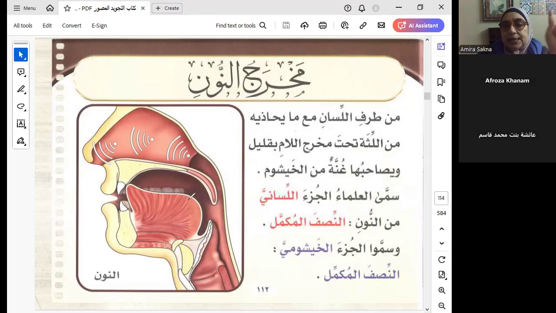In the non-full merging, only the tongue part is not going to work, but the nasal cavity is going to work. That's why we still have the ghunna. This is with two letters, waw and ya. I'm explaining briefly the rules of noon. I'm sure you've studied a lot in different places, but here I want you to see how it works with the articulation part.